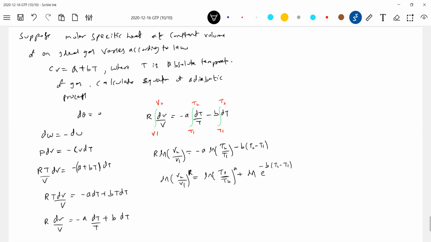Okay, no harm, log and exponential as it is.